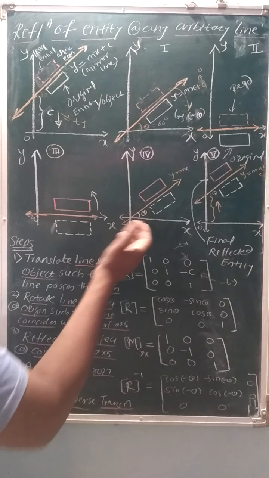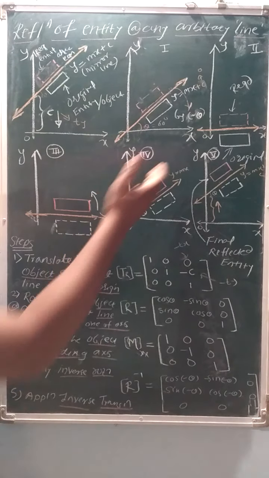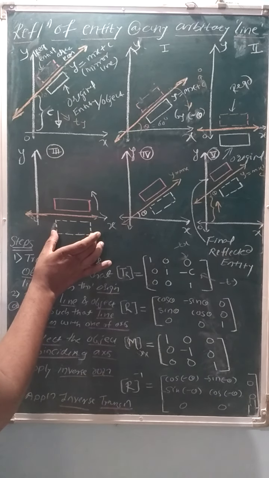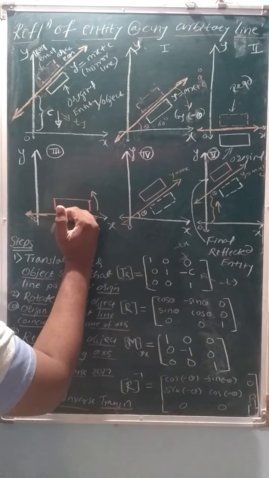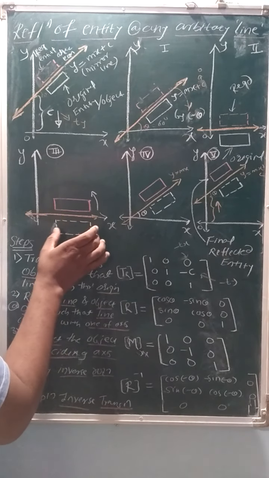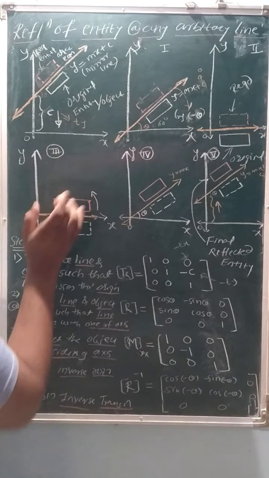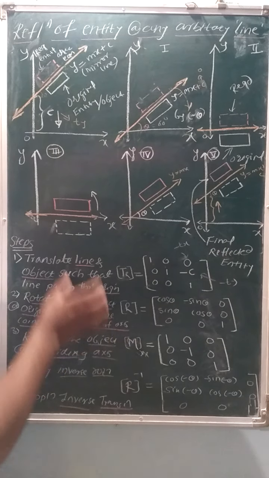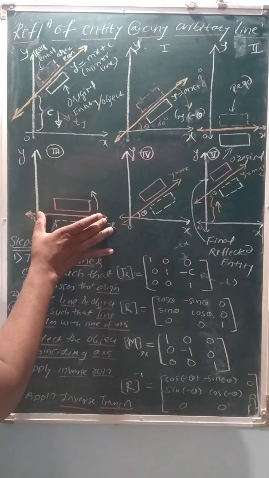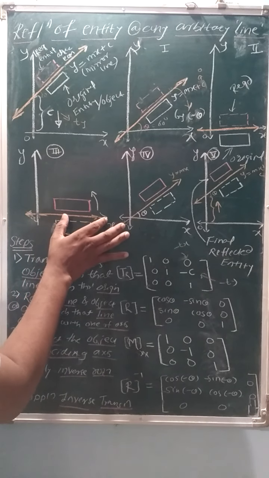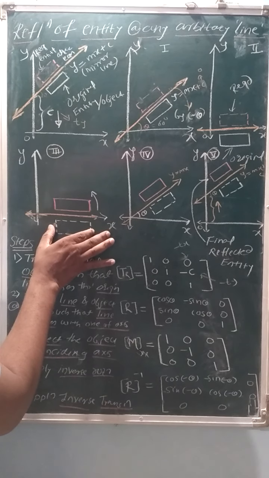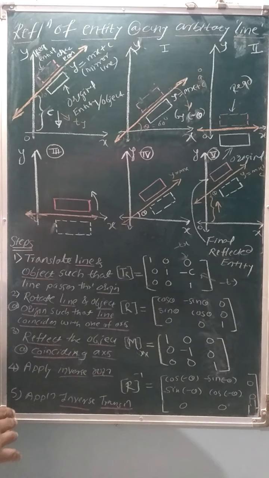Now the next step, after this step, is that we will reflect, or mirror, the entity about the origin, or what we can say about the coinciding line. So third step: reflect the object about the coinciding axis. Now this is the line which coincides with the x-axis, so that line and x-axis are the coinciding axis. So we are reflecting the given image about this particular axis.